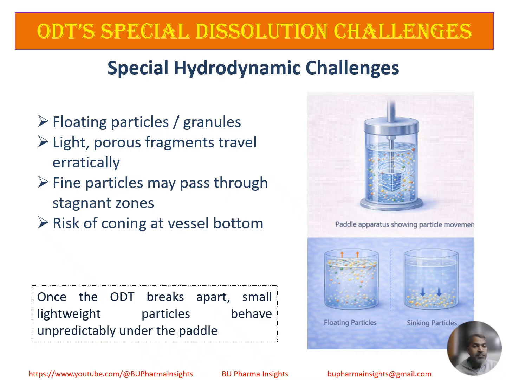The wrong setup can give misleading results. The right setup ensures realistic and reproducible dissolution data. So always observe particle movement, optimize RPM, and choose the right apparatus. Good hydrodynamics means reliable ODT dissolution tests.